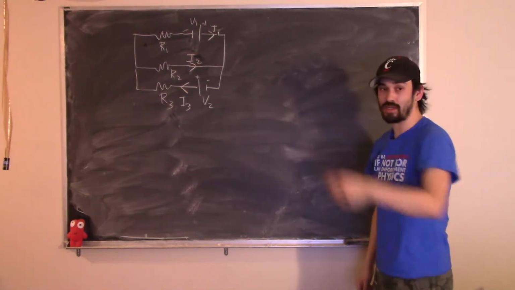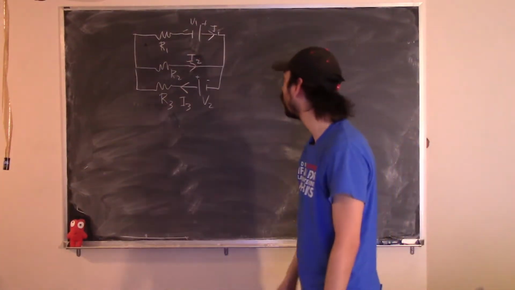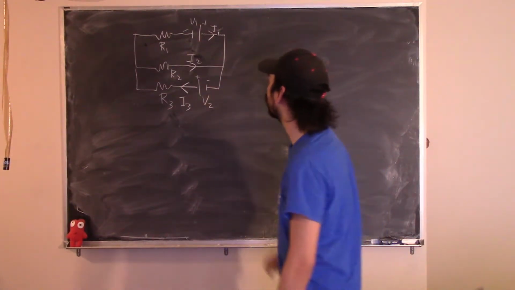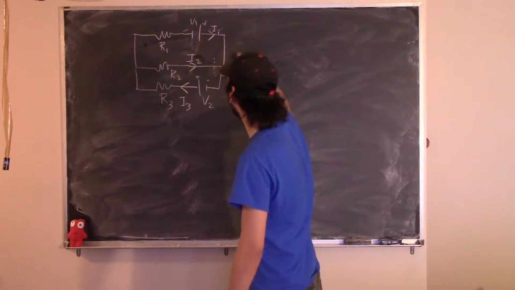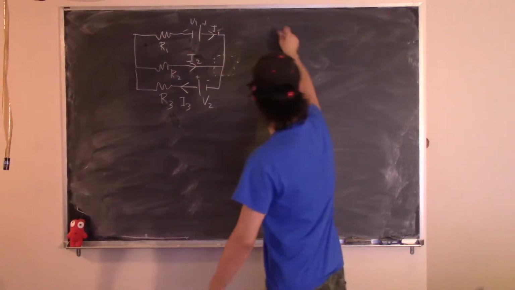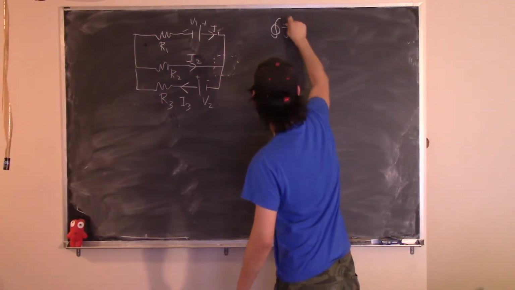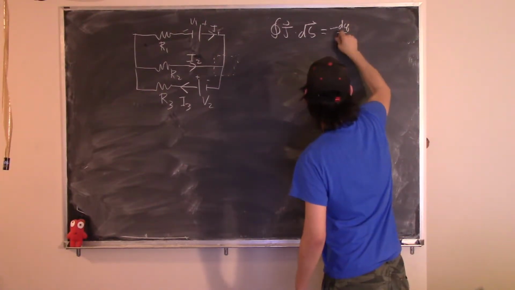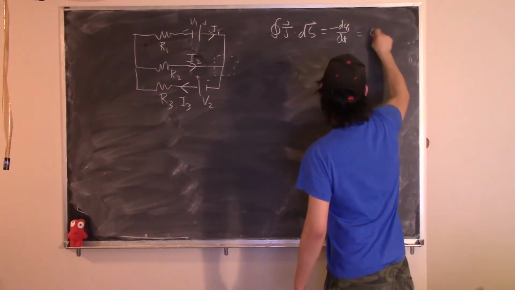So we don't have any capacitors. There's no charges to label. We've labeled all the currents. And so the first thing that I'm going to do is draw some junction here. This is the box that I use for the integral of J dot dS equal to minus dQ/dt, which is equal to 0.